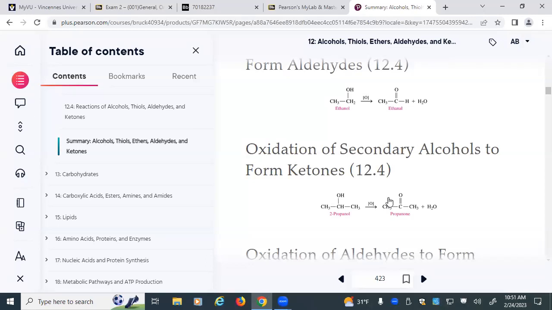Then, depending upon where that carbonyl is, it can be oxidized further if it's an aldehyde, because that C-H group on the end can be replaced with another oxygen, turning it into an acid. If it's a ketone, the carbon's out of bonds. It has no more bonds to give, so we can't oxidize a ketone any further than what it already is.